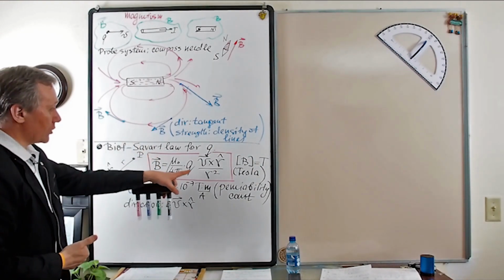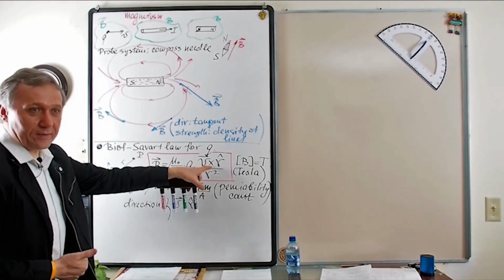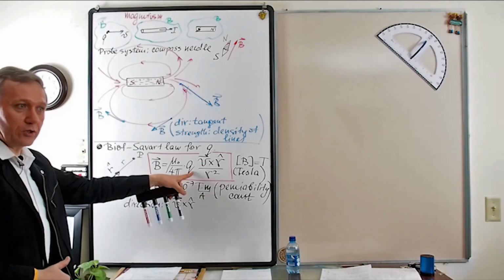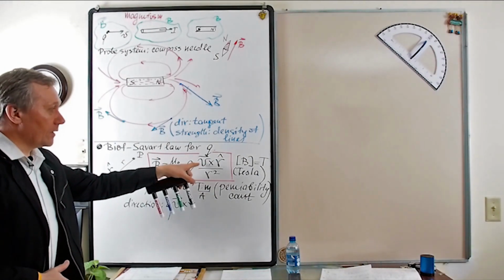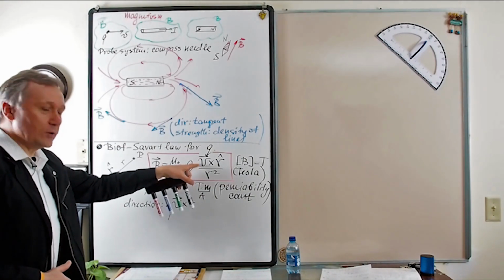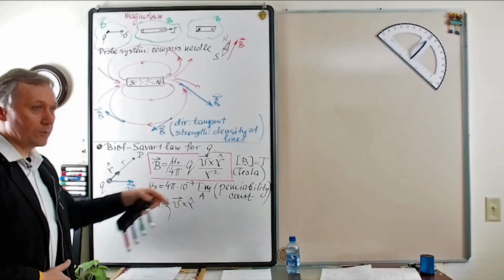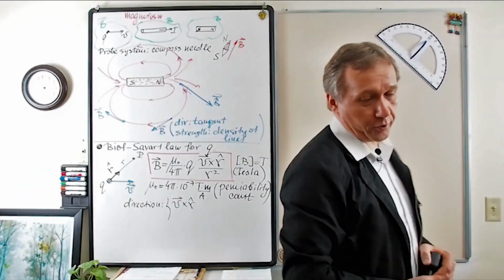But if charge is negative, then whatever direction you find here, you have to flip it. That minus in front of this charge is going to flip the direction which you find in this cross product. So be careful with the sign of the charge.